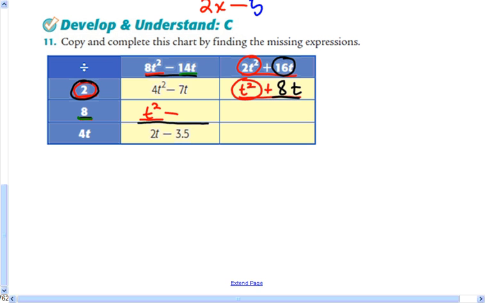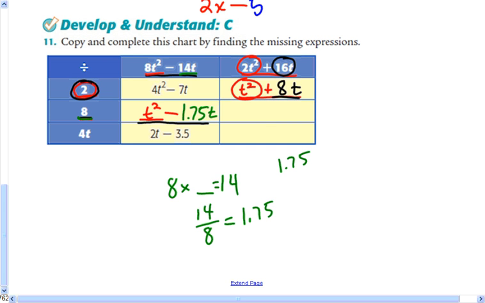Now to do that, I have to think about that. So I'm looking for 8 times something equals 14. I can just do 14 divided by 8 as the related fact family. And 14 divided by 8 is 1 3/4, or 1.75. So 1.75, and then we need a t there also. So just to check your work there, if you do 1.75 times 8, you should get 14.